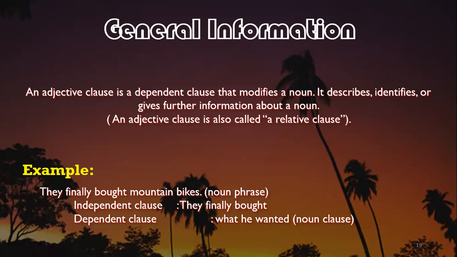I will explain the adjective clause. First, general information. An adjective clause is a dependent clause that modifies a noun. It describes, identifies, or gives further information about a noun. An adjective clause is also called a relative clause.